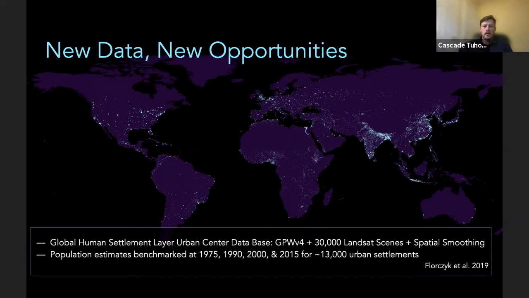So it cuts out a lot of the noise, and all those polygons are assigned an actual name and a country. And so we have a rough idea of the populations and the locations and boundaries for 13,000 urban settlements going back to 1975.